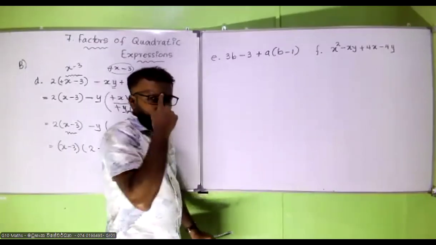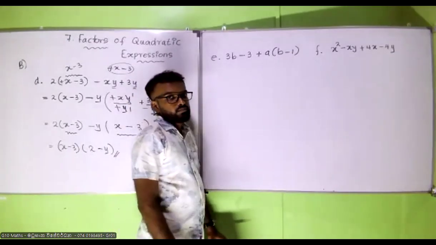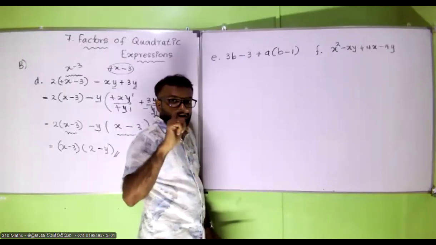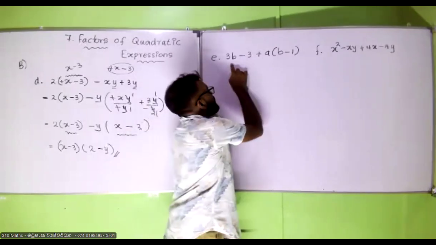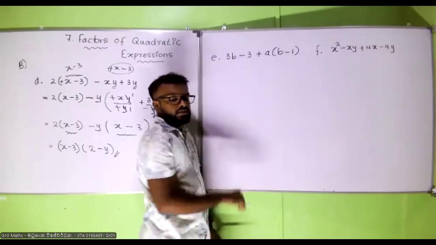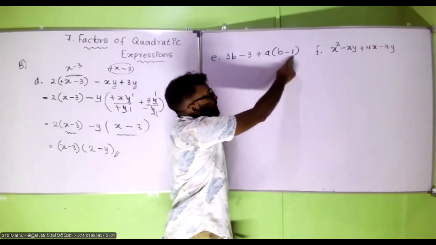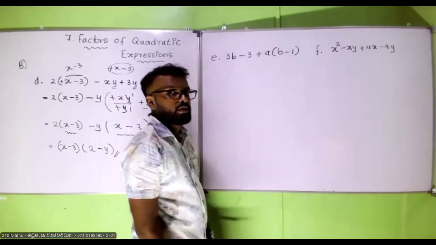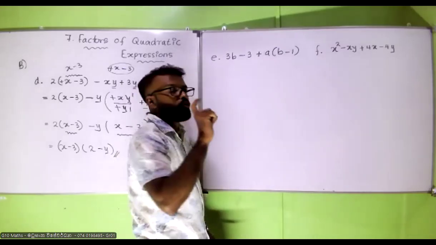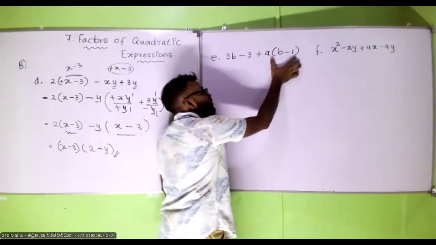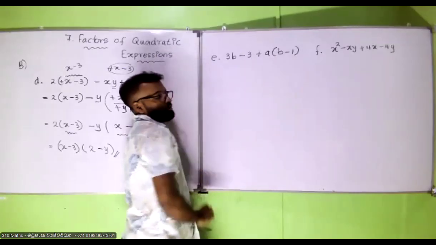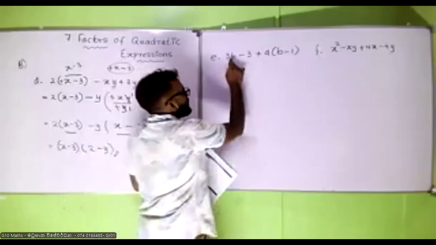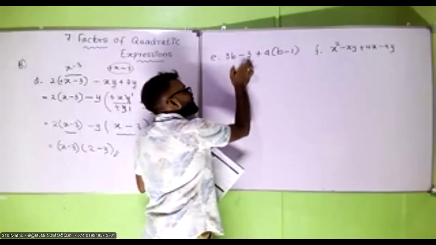Now here you have something like 3b minus 3. But here you have b minus 1. Now you need to know how I am going to make b minus 1 here. Here you have 3b minus 3.